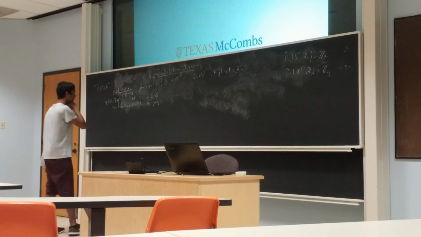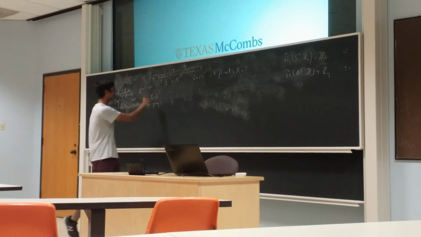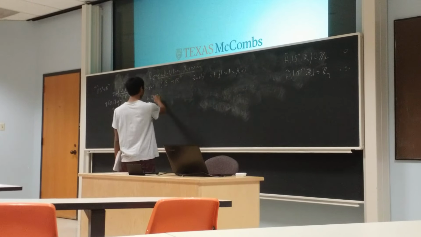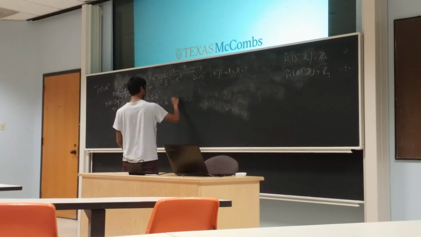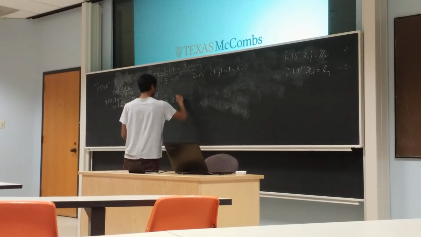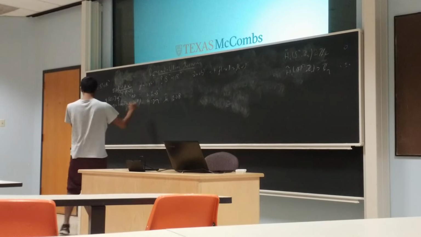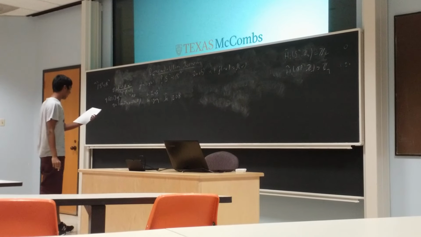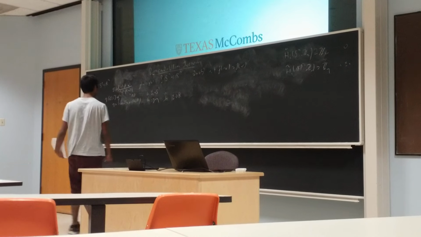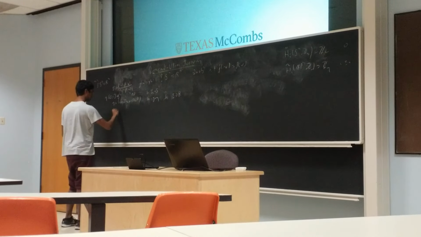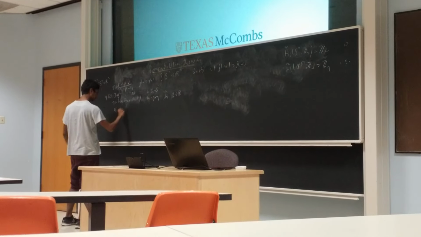Now we can take a lift of this to get a map from the interval to R, and you can see with a few calculations that h(s+1/2) is minus h(s).